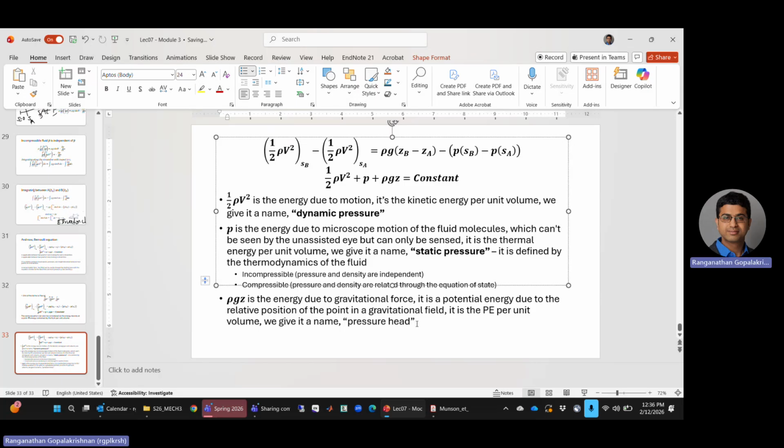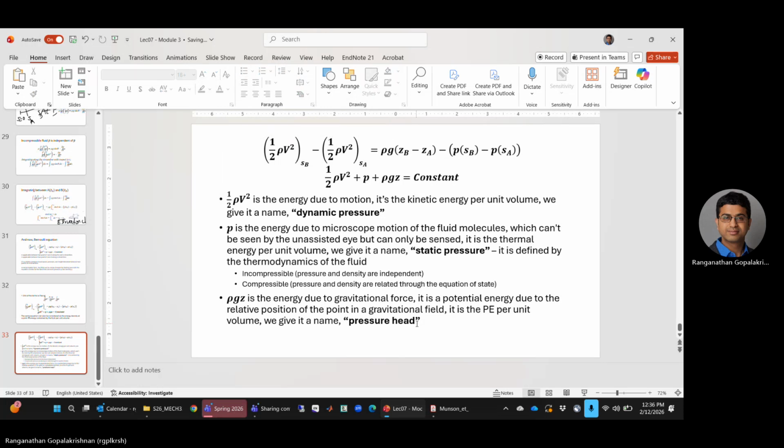There are other terms too. I'm not able to exactly remember all of them, but as it comes up, I'll tell you. But pressure head is a commonly used term. So there is dynamic pressure, static pressure, and pressure head.